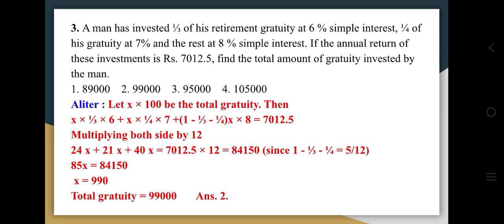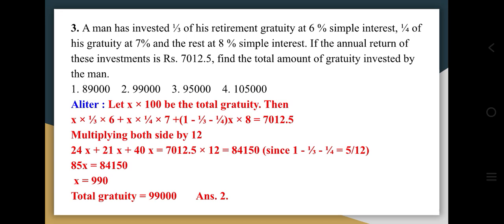So 100 cancelled, but 1 minus 1 by 3 minus 1 by 4 is 5 by 12. So we get 5 by 12 x into 8. So the total annual return is x into 1 by 3 into 6 plus x into 1 by 4 into 7 plus 5 by 12 x into 8, which is equal to 7,012.5.